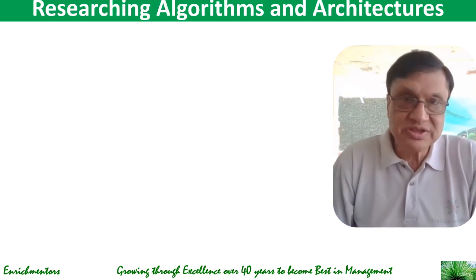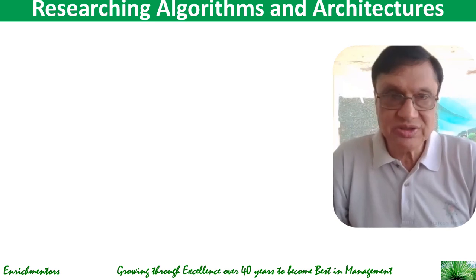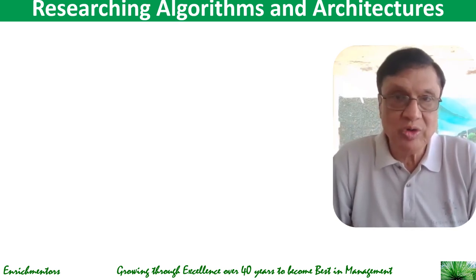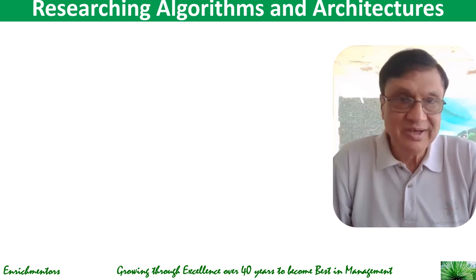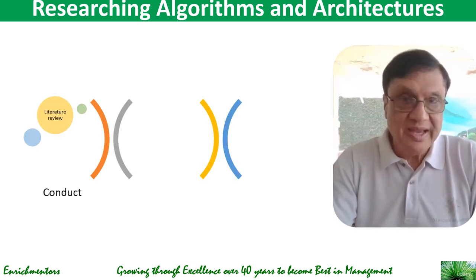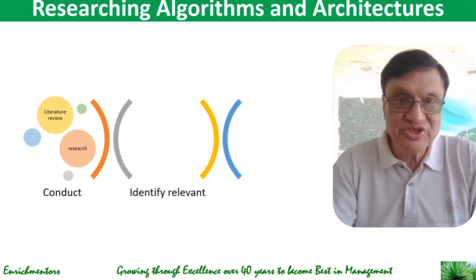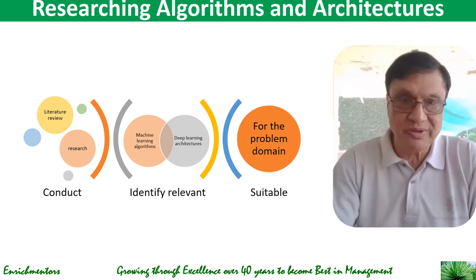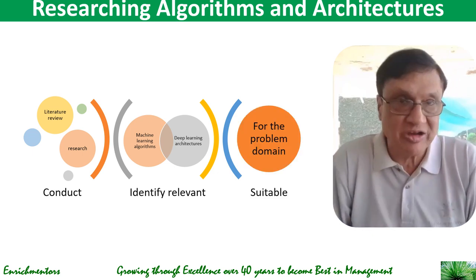Then we get into researching algorithms and architectures. We know the problem that we want to solve, the type of output we want, and the type of data that we have. Now we conduct literature review and research to identify relevant machine learning algorithms and deep learning architectures that are suitable for the problem domain, including the data that have been given.